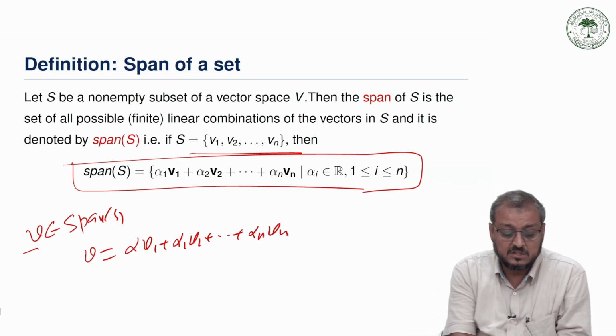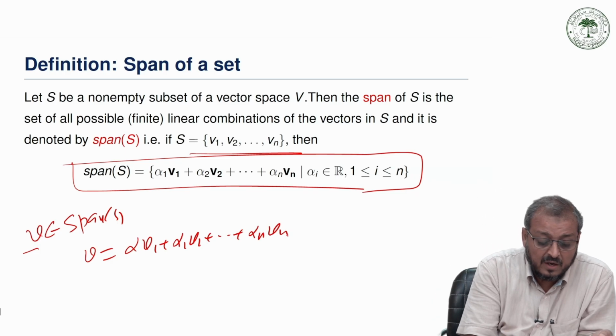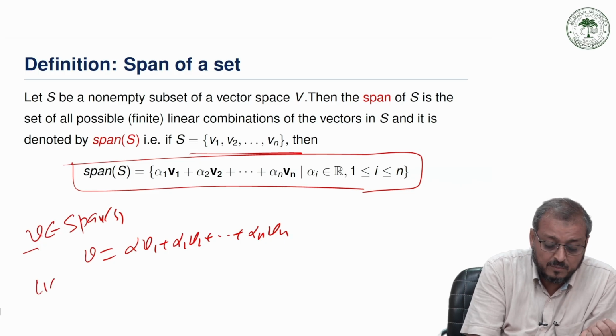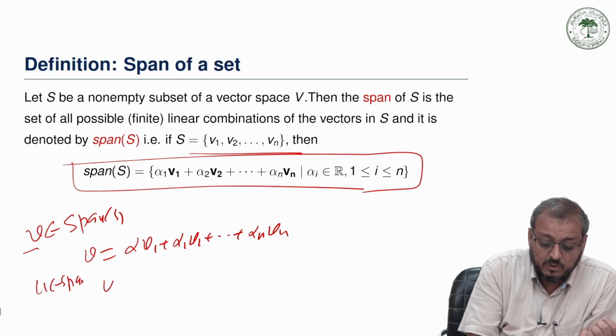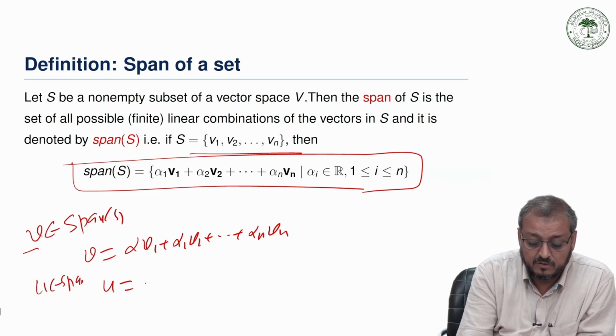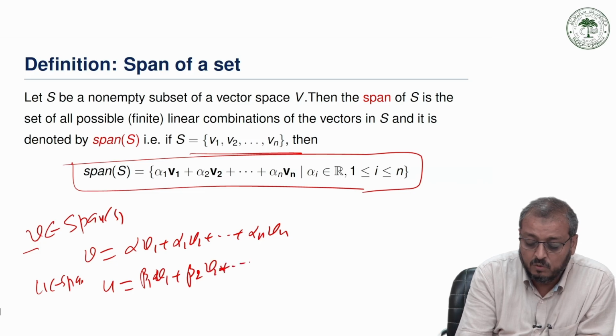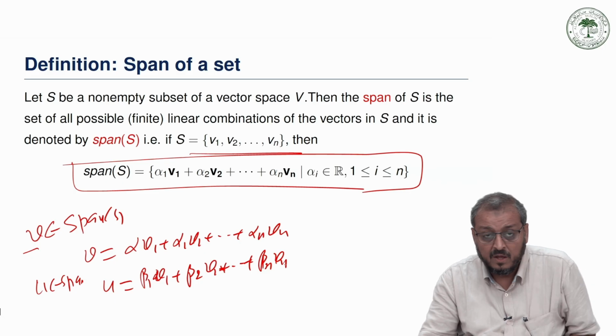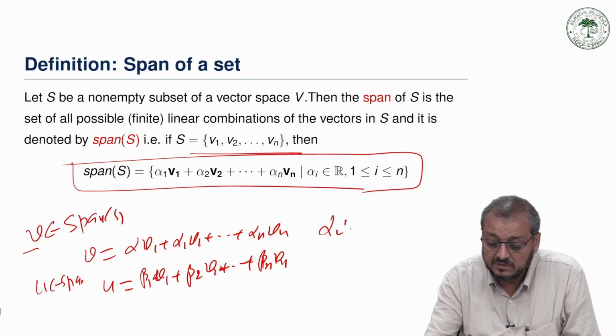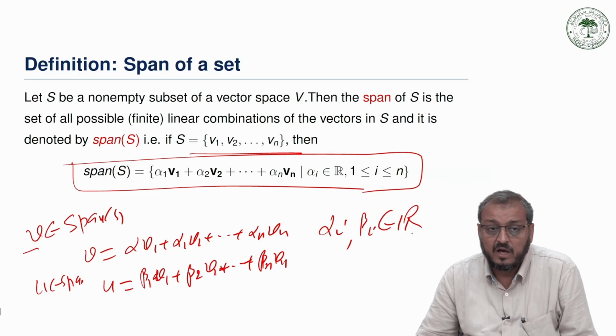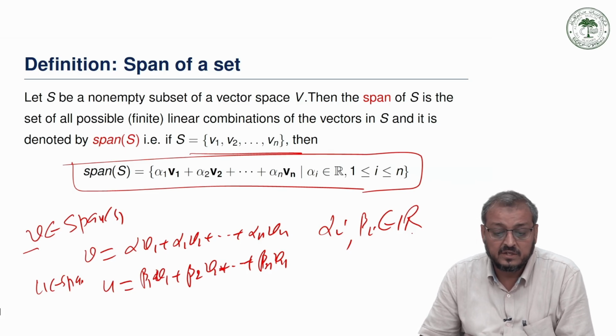If we have another vector U that belongs to the span of S, then U can also be written as a finite linear combination of these: beta 1 V1 plus some different beta 2 V2 and so on, plus beta n Vn, where the alpha i's and beta i's are elements of R. All are real numbers.